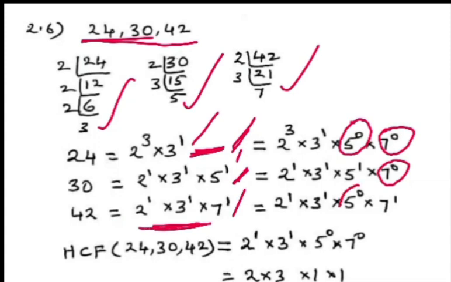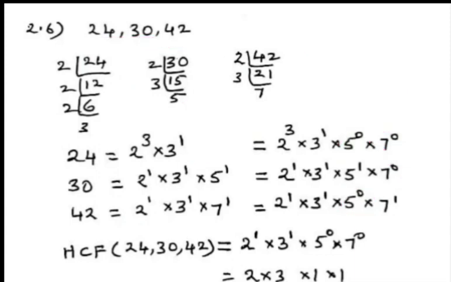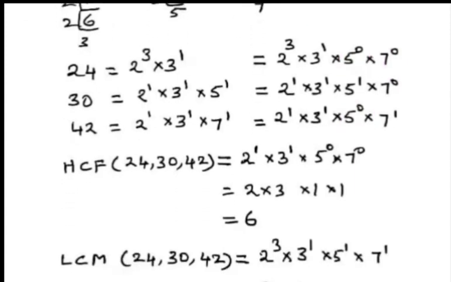So we note down 5 power 0. This concept is very important. When the required prime number is not present, we have to take 5 power 0, 7 power 0 like that. 5 power 0 is 1 and 7 power 0 is 1.